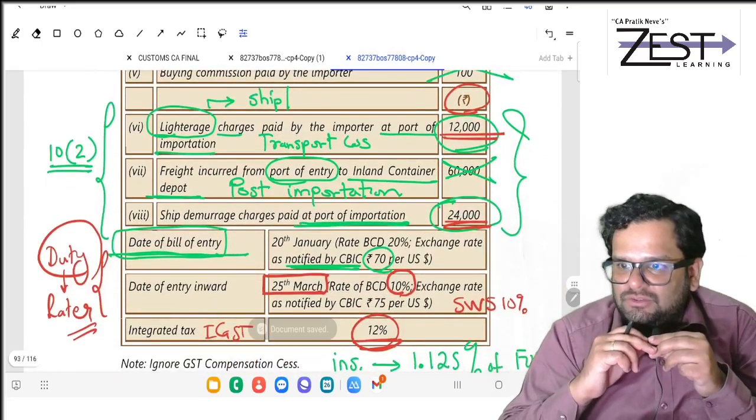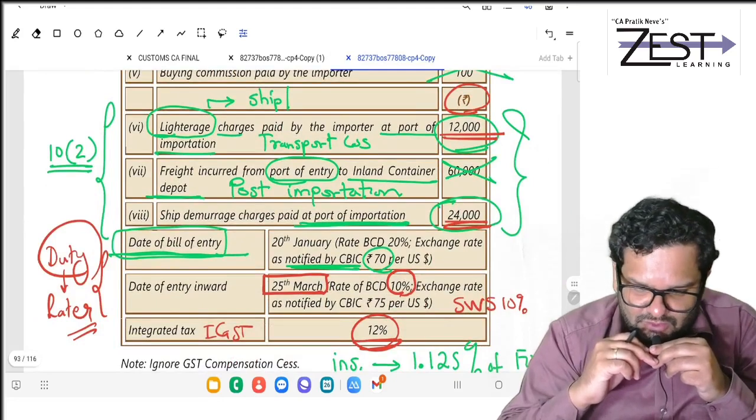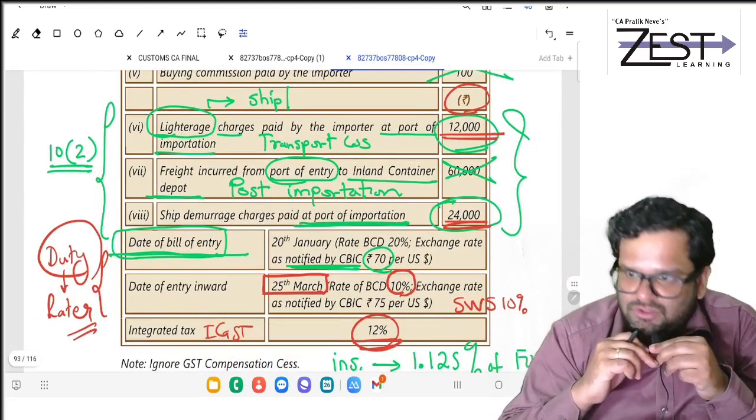Then you have ship demurrage. Ship demurrage 24,000.